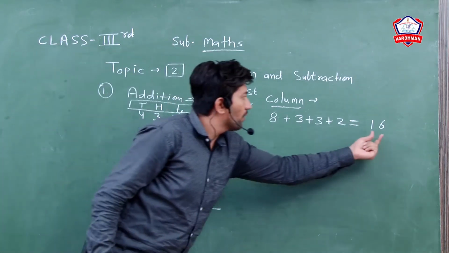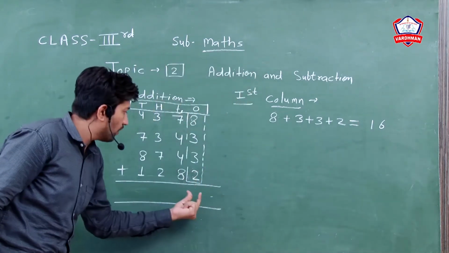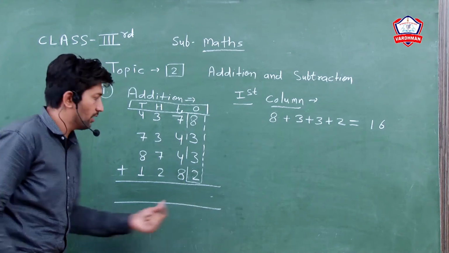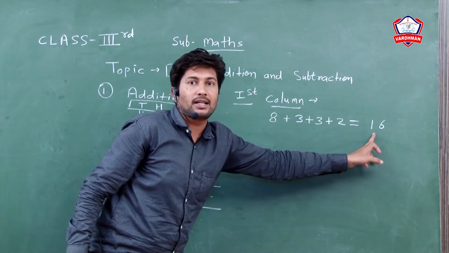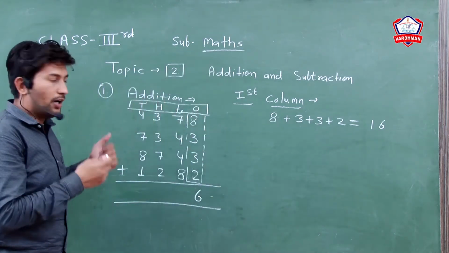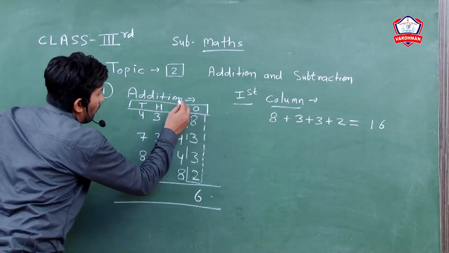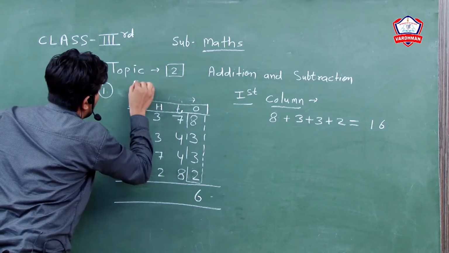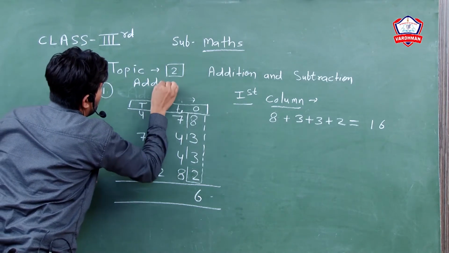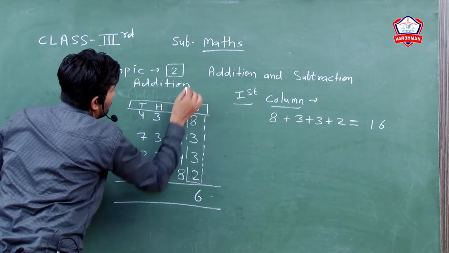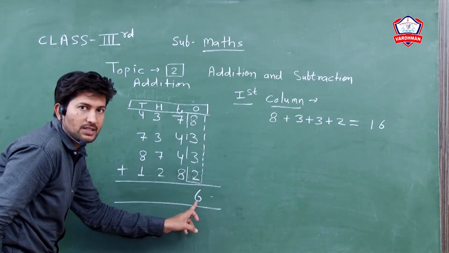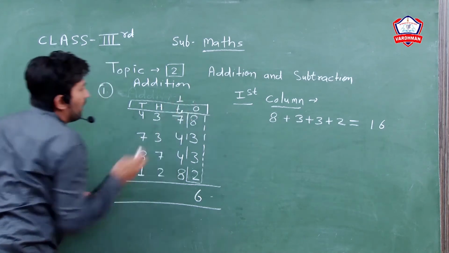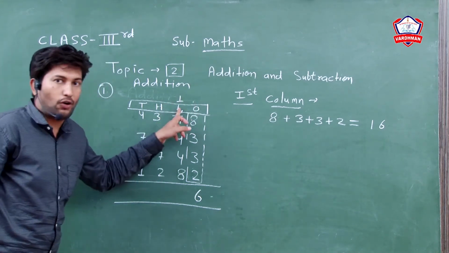Now in the first column we keep the 6 in the ones part, and the 1 is carried to the 10th column. So the 16, one number is 6, and the 1 is carried to the 10th column.